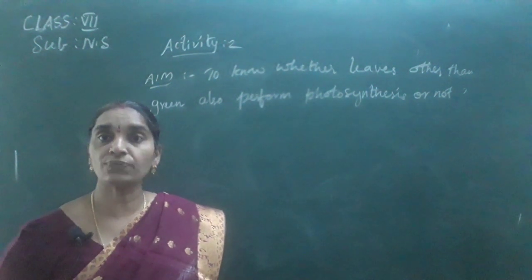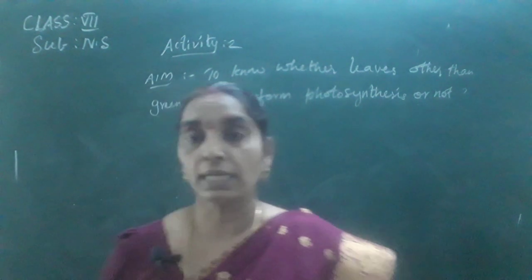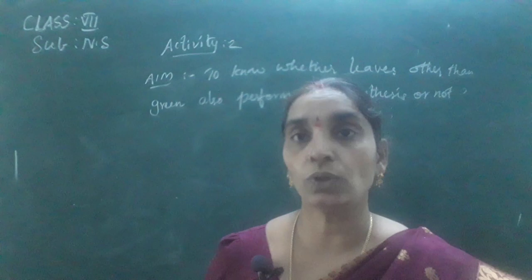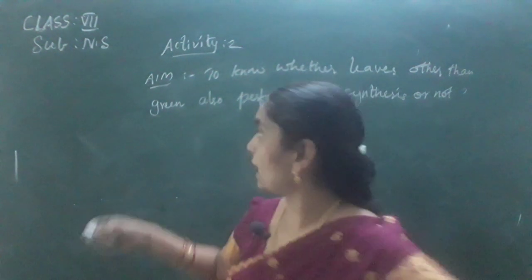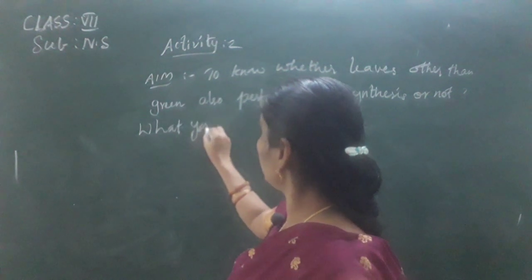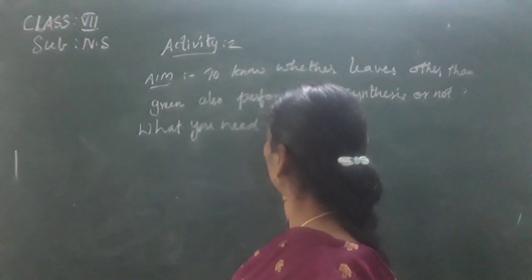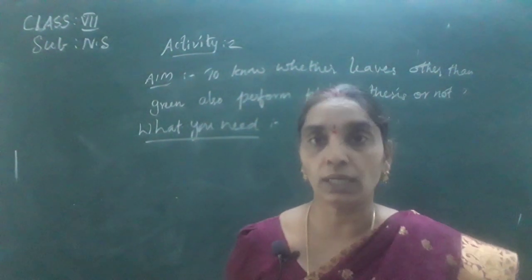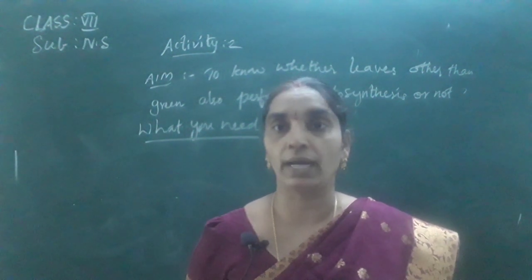This is the A. Next, materials required. Materials required means what are the things required. That is the side heading that you have to write. So note down the second side heading as what you need. What you need to do this experiment or activity. What are the things that you require? Yellow colored leaves or brown colored leaves you require, isn't it?